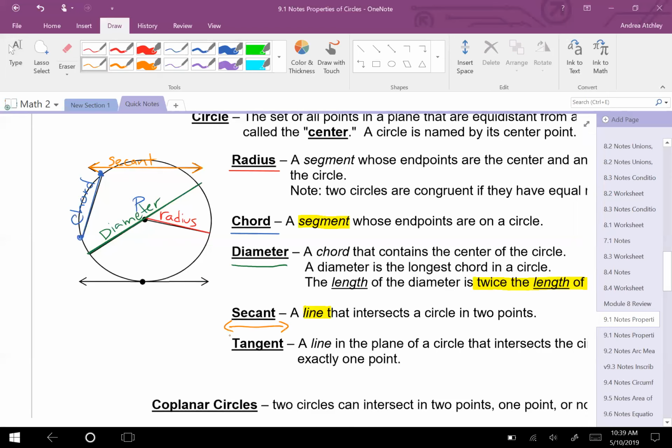A tangent is a line in the plane of a circle that intersects the circle in exactly 1 point. So it doesn't cross twice, it only crosses once. And that would be this right here. Any questions over that? We're good?